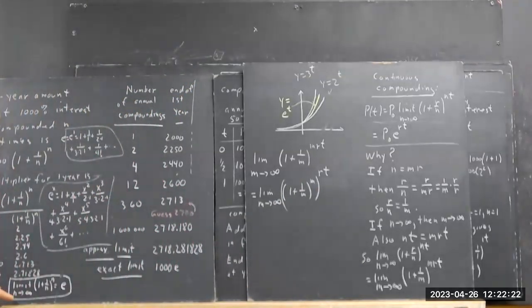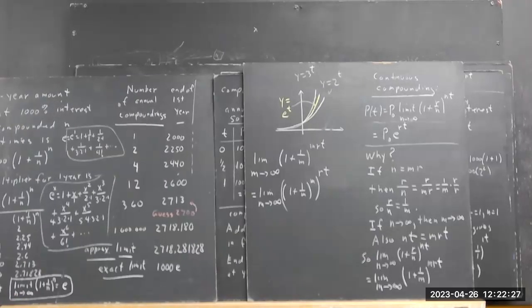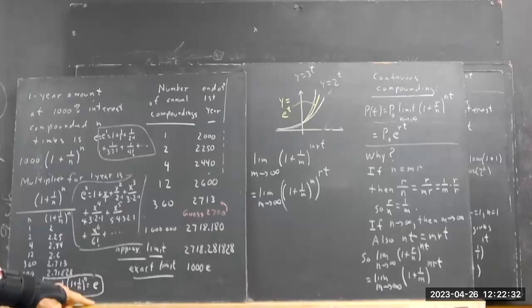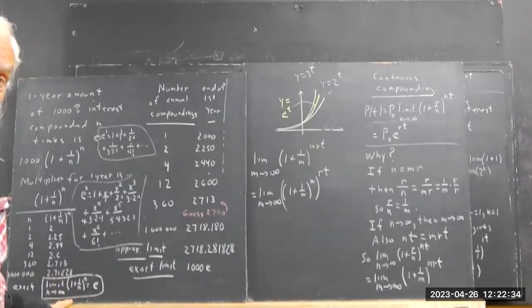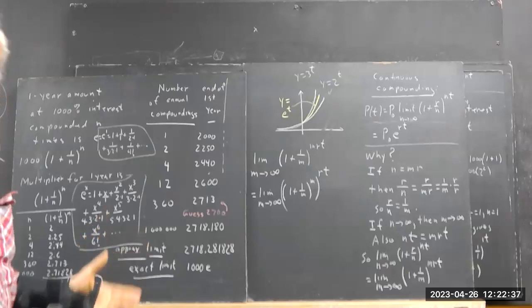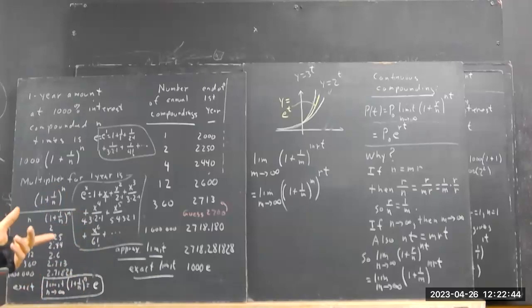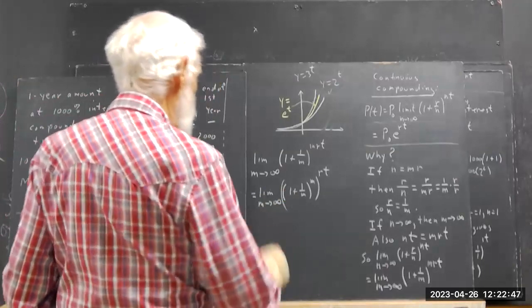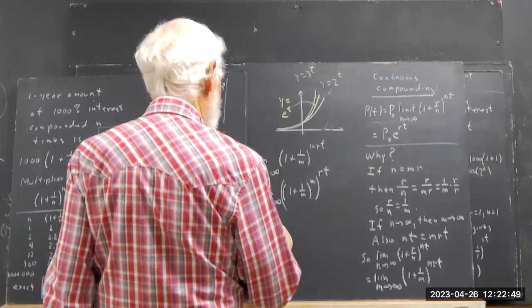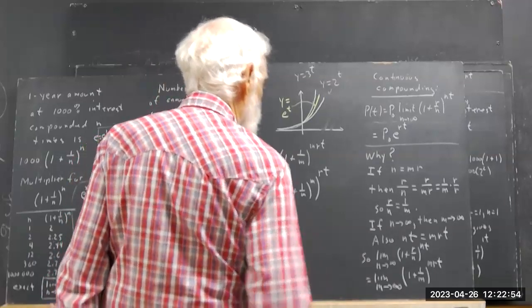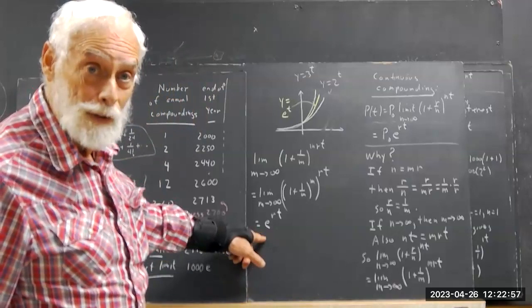We generally use n in the definition of e, but we could have used m just as well. We could have used aardvark instead of n, although nobody would do that. Well, there we have e to the rt.